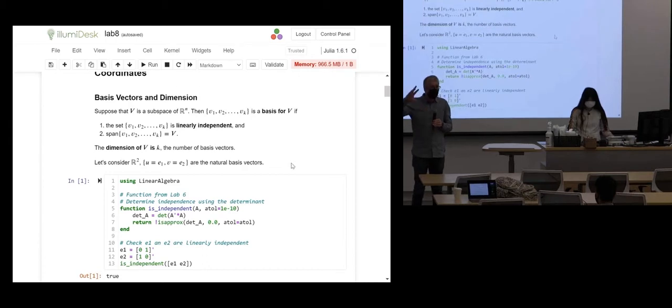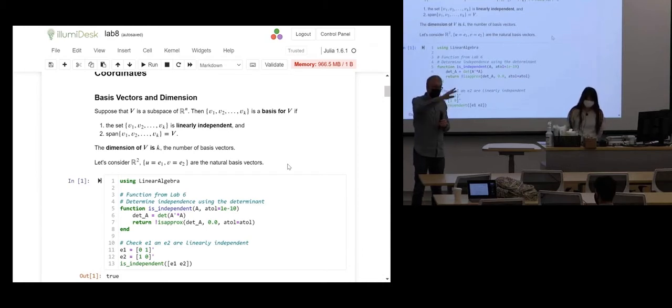But if n is 3, something we can picture, and you have a plane that goes through the origin, then it's a subspace. Then you need 2 vectors in there. But if you chose 3 vectors from that plane, they would have to be dependent.